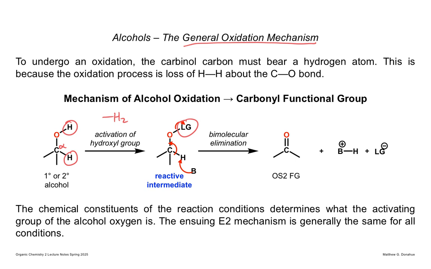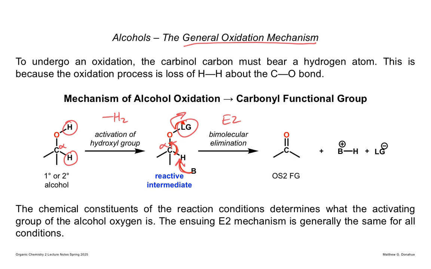Once we do that, the mechanism that follows is what we learned from Organic 1. It's an E2 reaction, a bimolecular elimination. The hydrogen on the alpha carbon gets abstracted, that's this arrow here. The electrons then form the pi bond, and then the leaving group will leave.